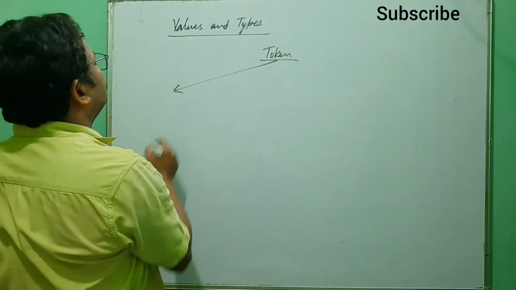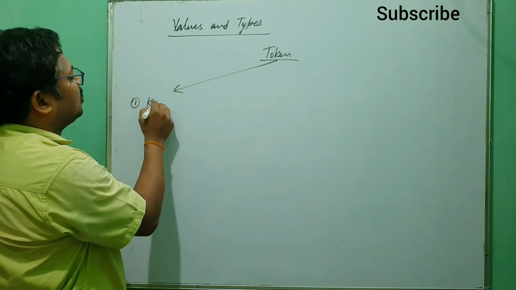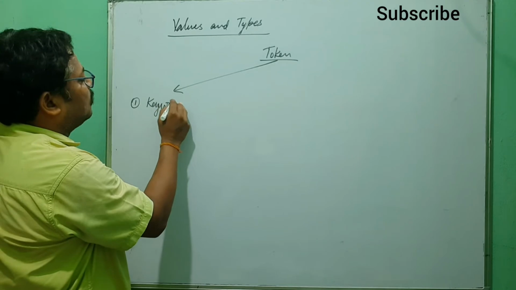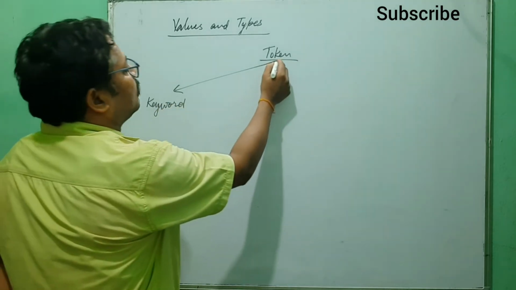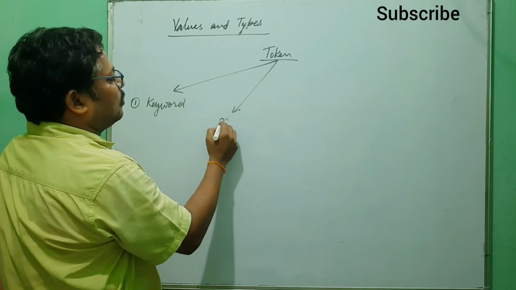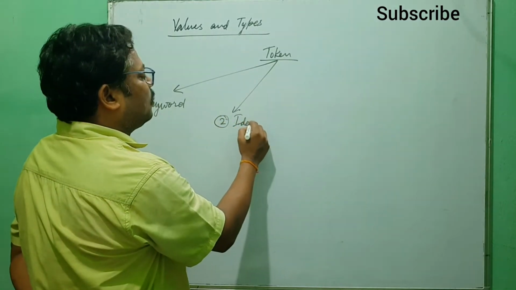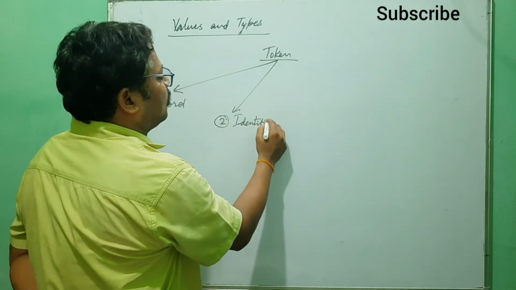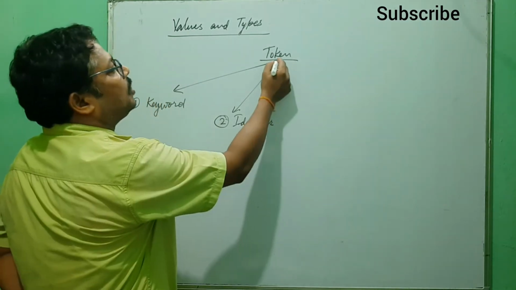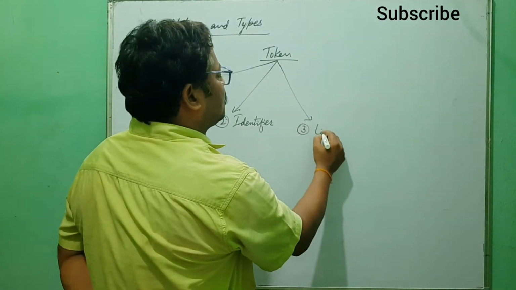First one is keyword. Second one I say, identifier. Third one I say literals.